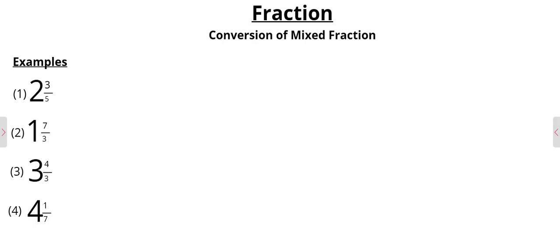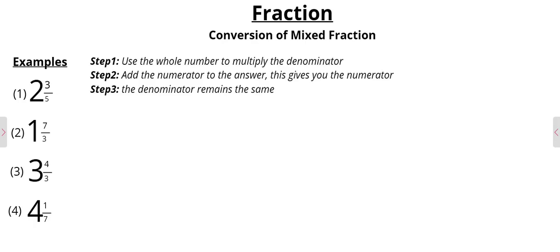Now, how really do we perform this conversion of mixed fraction? There are steps we need to take, and I'm going to drop down these steps in this video now. So when you have a mixed fraction, for you to convert it to either a proper fraction or an improper fraction, the first step you do is you use the whole number to multiply the denominator.